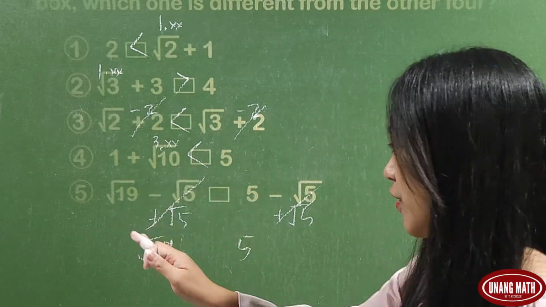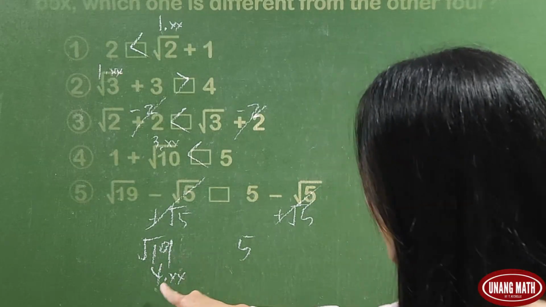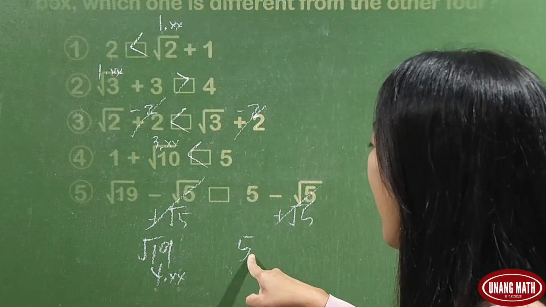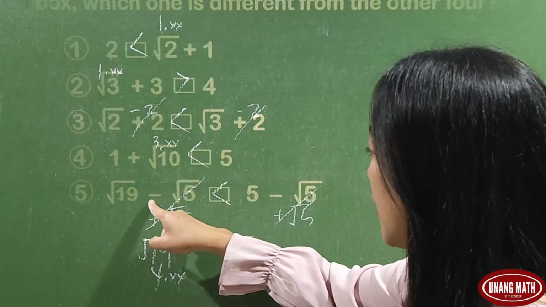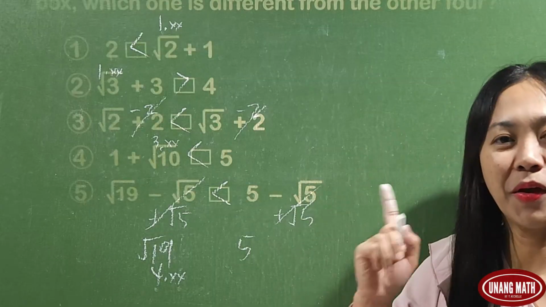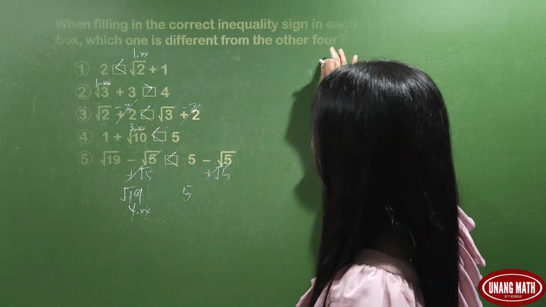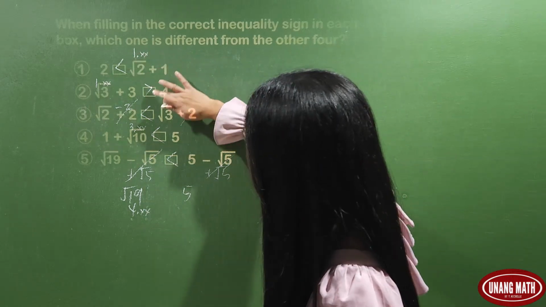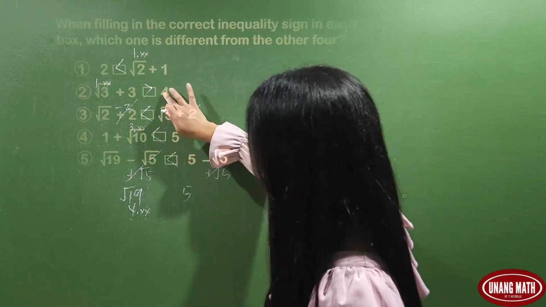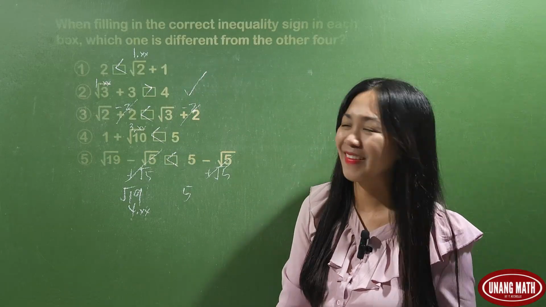So 4 times 4 is 16. So it means the square root of 19 is 4 point something, and this is less than 5. So the square root of 19 minus the square root of 5 is less than 5 minus the square root of 5. So which one is different from the other 4? This is less than, greater than, less than, less than, less than. So we have here option number 2.